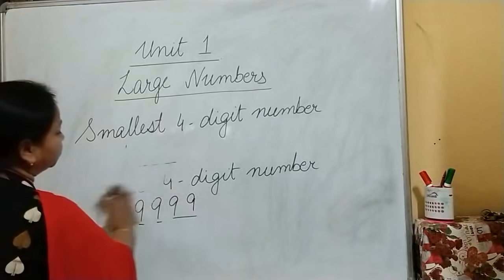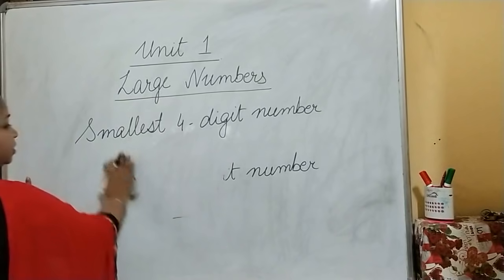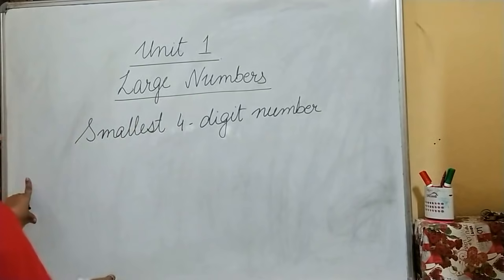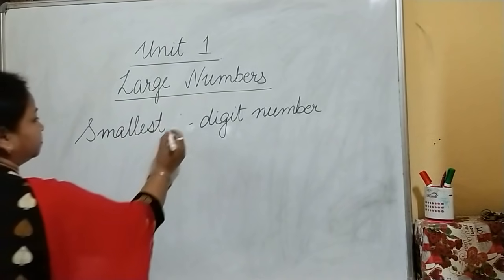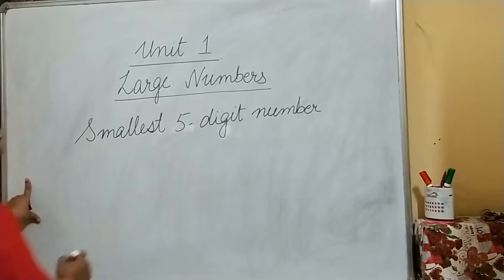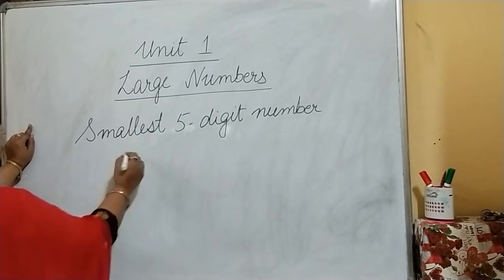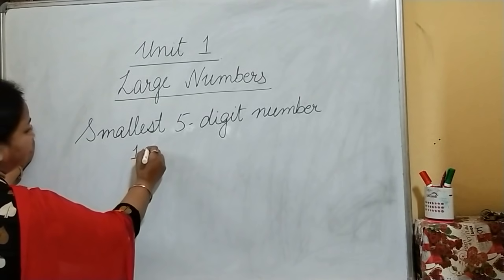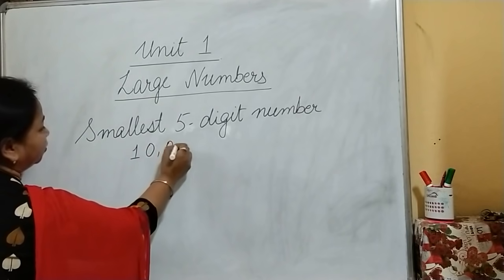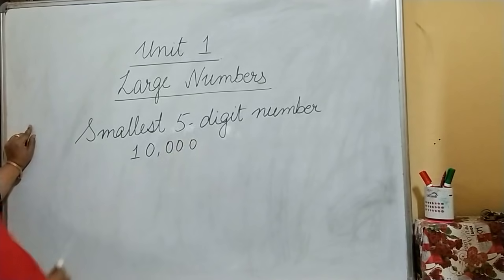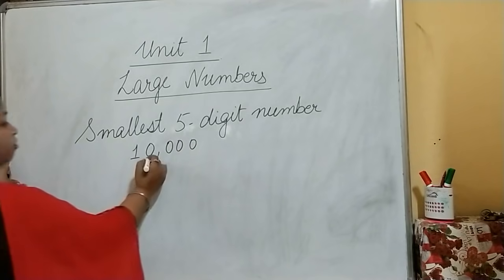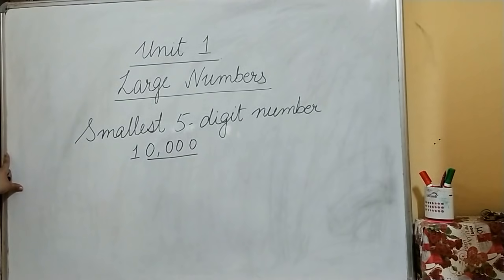Moving to the smallest 5-digit number. Since you have already learned that one, just give me the answer. Smallest 5-digit number: 10000. 1 followed by 4 zeros. So this is the smallest 5-digit number.